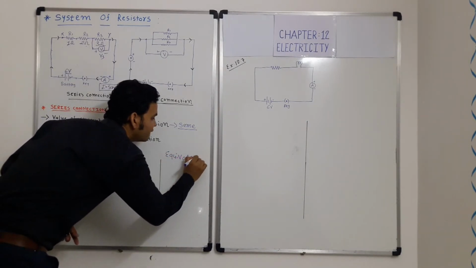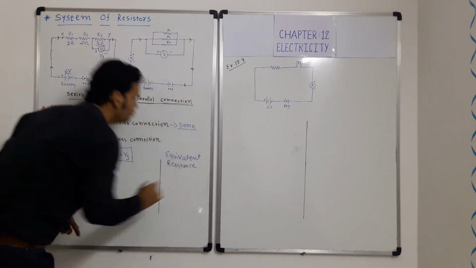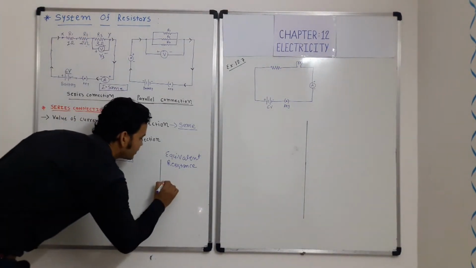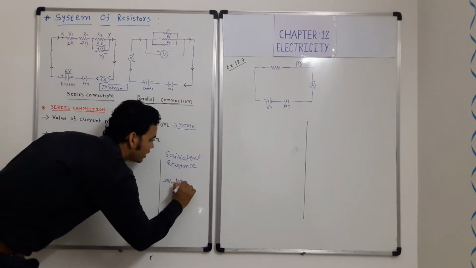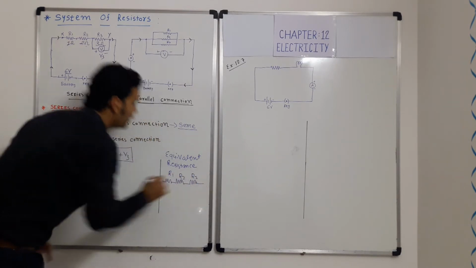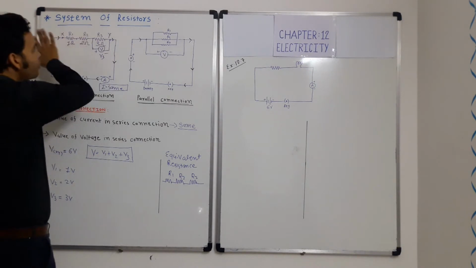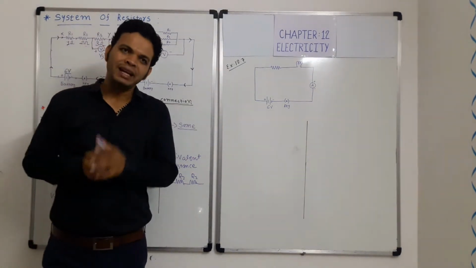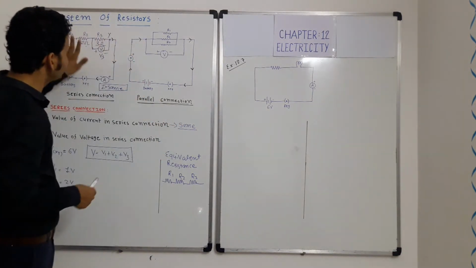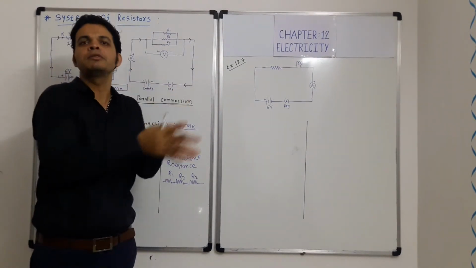If I have these 3 resistances over here, this is R1, this is R2 and this is R3, the meaning of equivalent resistance is that I can remove all 3 resistances and put a single resistance in place of all 3 resistances, which will give me the same result as these 3 resistances used to give me.